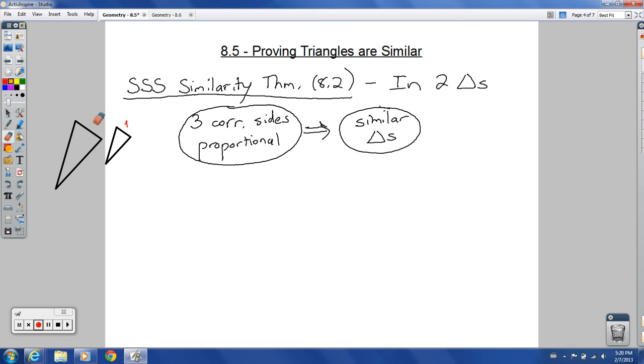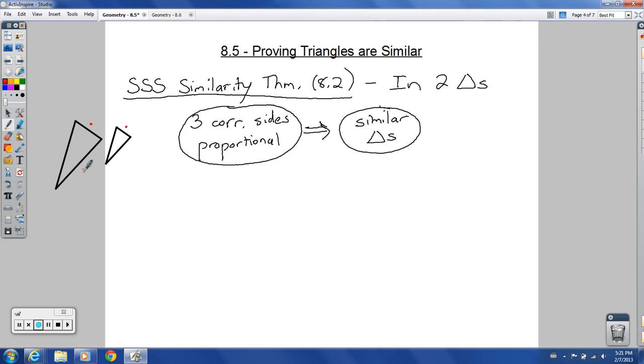I don't imagine that most of you will have 4 different colors. If you did, that might be a good idea. But for those of us that just have the one color, we'll put a dot there and a dot there. Those two things match up. This is not an official marking you're going to see in your book. A dot next to that and a dot next to that means they're similar or proportional.